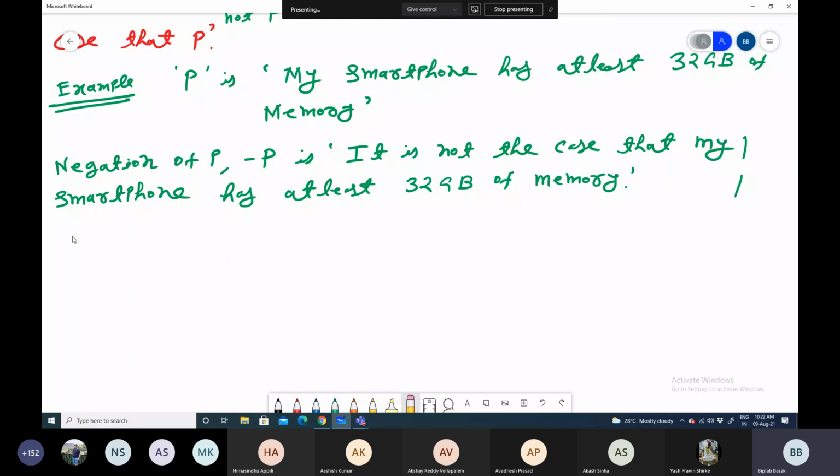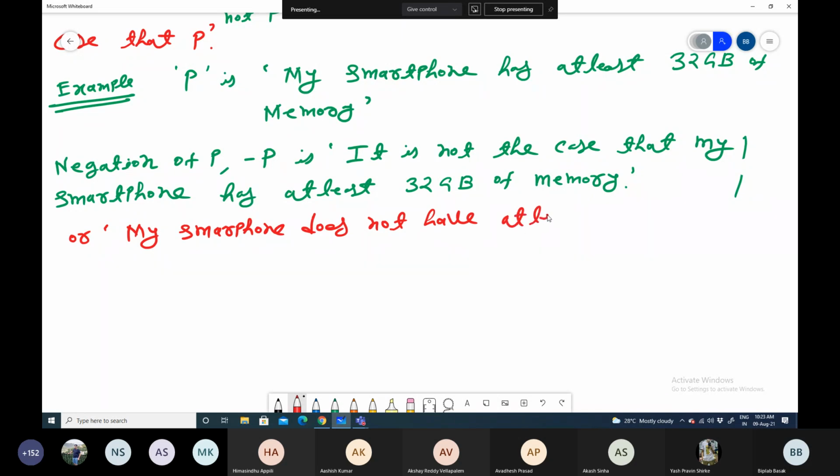If you simplify this sentence, you can write: my smartphone does not have at least 32 GB of memory.